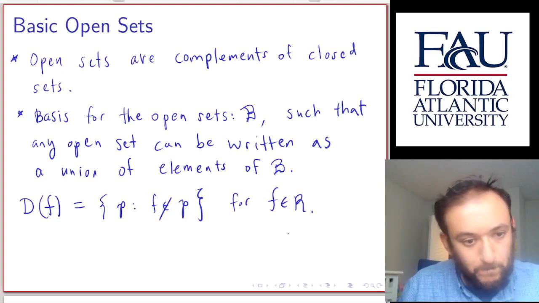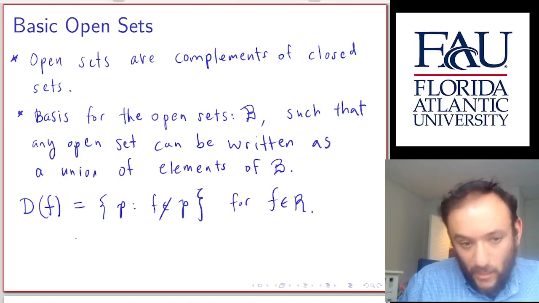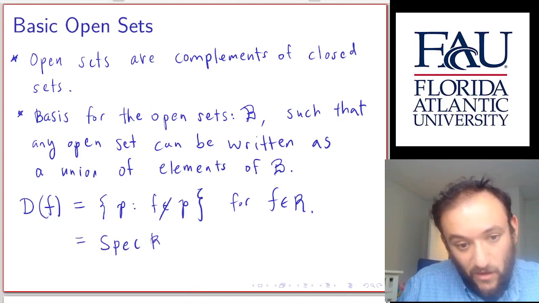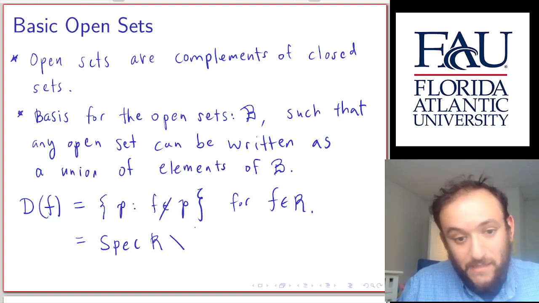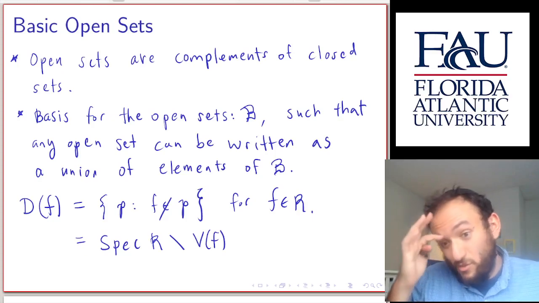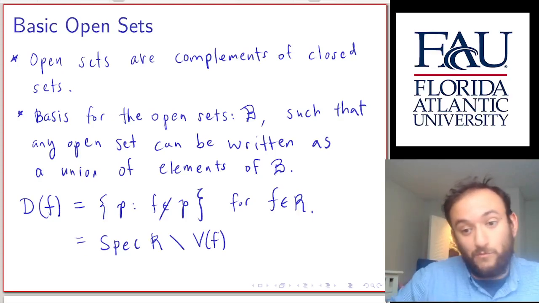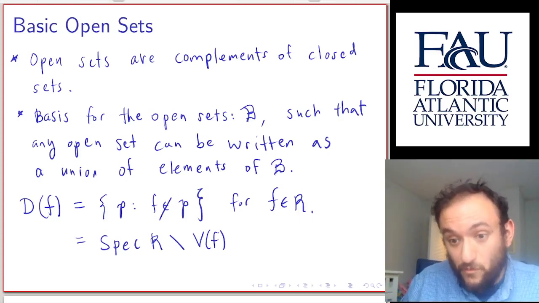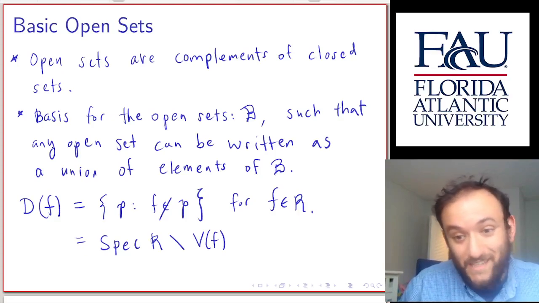Equivalently, this is Spec R minus V(f). So if you take all of the primes that do include f and you subtract them from the set of primes of the ring, you're left with D(f), which is sometimes called a distinguished open.